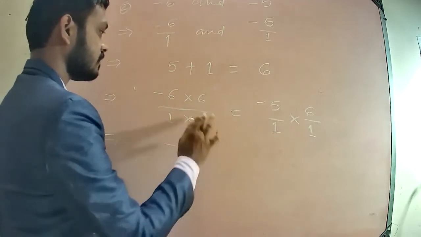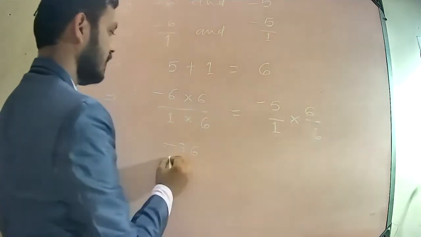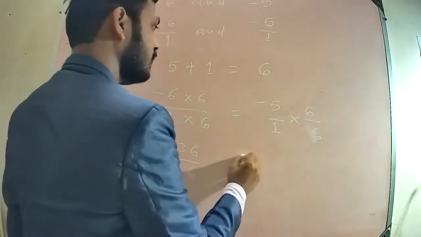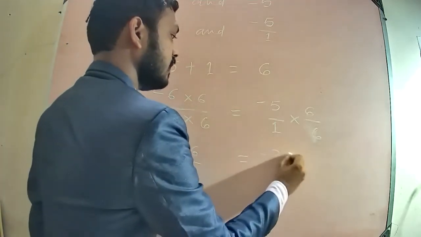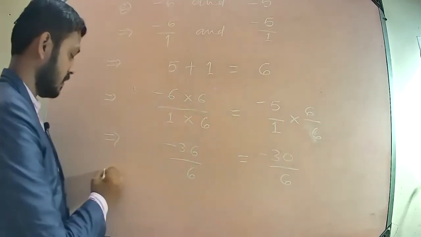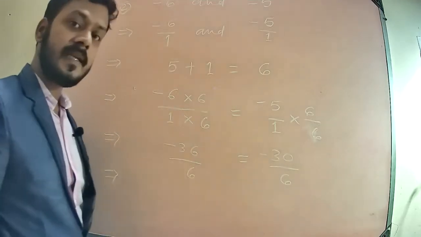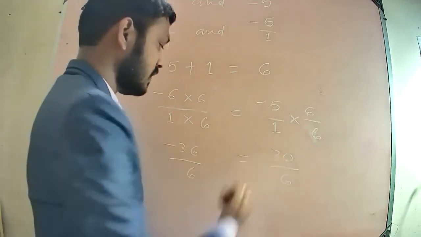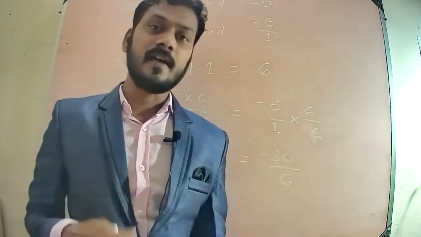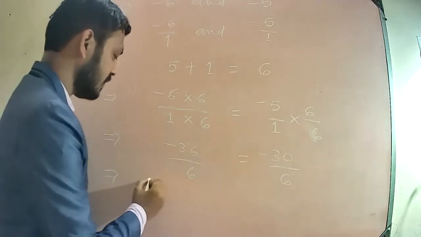Then 36 divided by 6 down to 30 divided by 6. Then we can write in decreasing order up to 30. जब तक हमको 30 फाइंड आउट नहीं हो जाता है, तब तक आपको ऐसे ही डिक्रीजिंग ऑर्डर में इसको करना है.